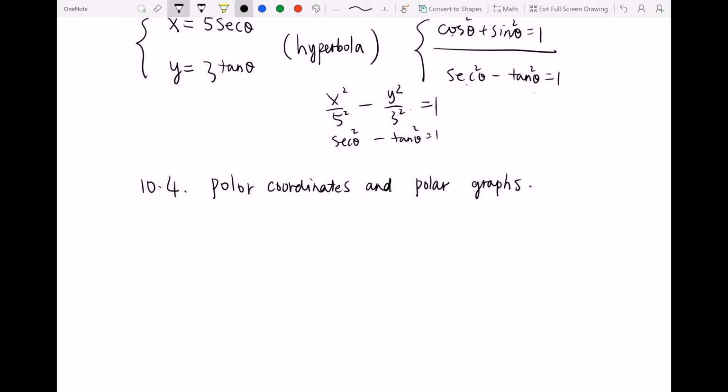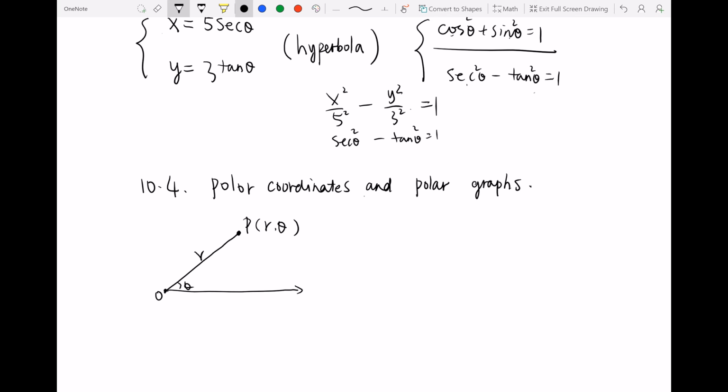What are polar coordinates? In the rectangular plane, we have x and y values. Give you the x value, give you the y value. Polar coordinates, if you took trigonometry, you probably know this. It gives you a point decided by the radius r and the angle theta. R is the length of OP.